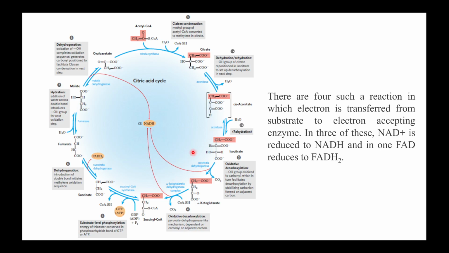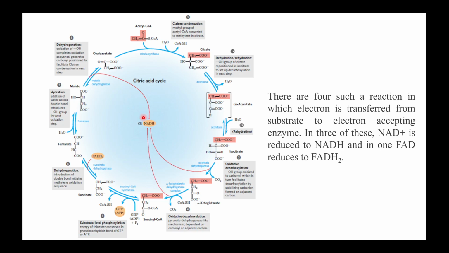Okay, is this pathway clear to everyone? If you have any doubt, please let me know. So you see all the enzymes that have dehydrogenase in their name, mostly all such enzymes are involved with NADH.